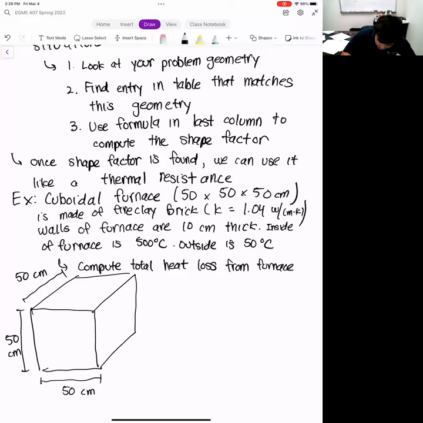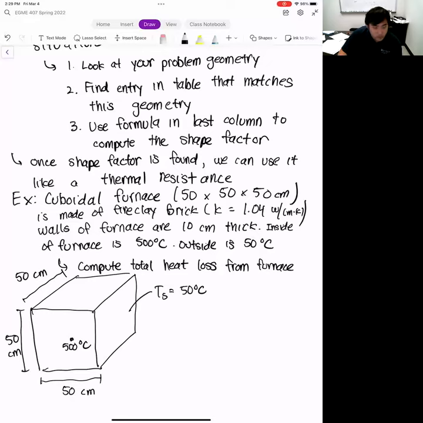The inside of the furnace is 500 degrees C, and the outside of the furnace, which we'll call T_s, is 50 degrees C. So we have a difference from 500 to 50 going from the inside to the outside of the furnace.